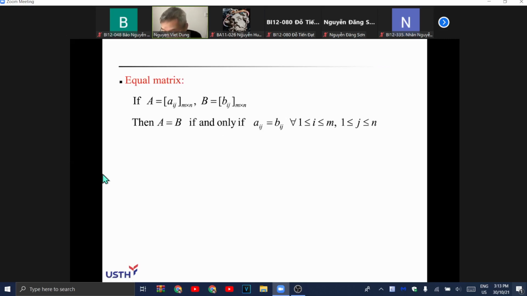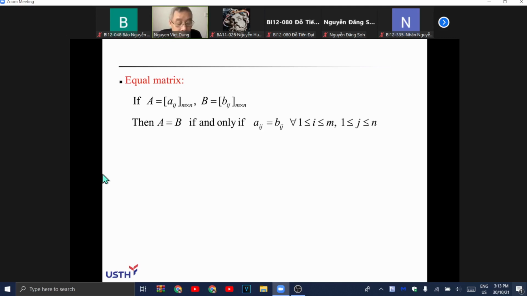Next, we define two matrices are equal to each other. Two matrices A and B are considered to be equal to each other if they are of the same size, m by n.